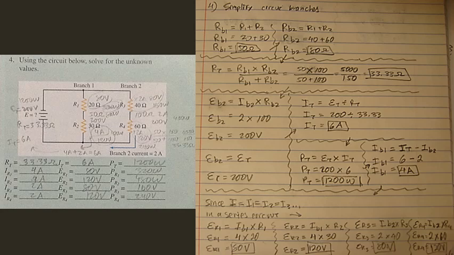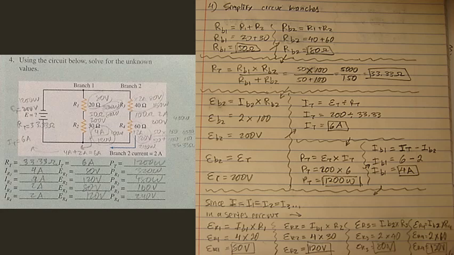So we know in branch 1 each resistor location must have a current of 4 amps. At branch 2 each resistor location must have a current of 2 amps each. So we can find each resistor's voltage drop at those locations.